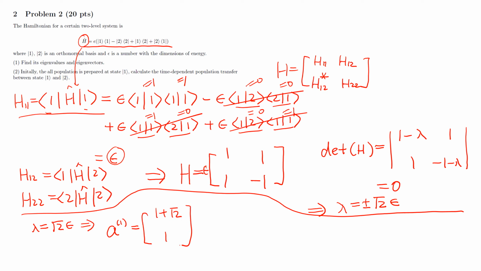If you want, we can do the normalization. But if lambda is equal to minus square root of 2, then A2 is equal to, let me write that down, 1 minus square root of 2, and 1. Okay, I think up to now all the stuff is pretty standard, right? And let's try to keep the bottom part and erase this. Is there a quicker way to erase this?